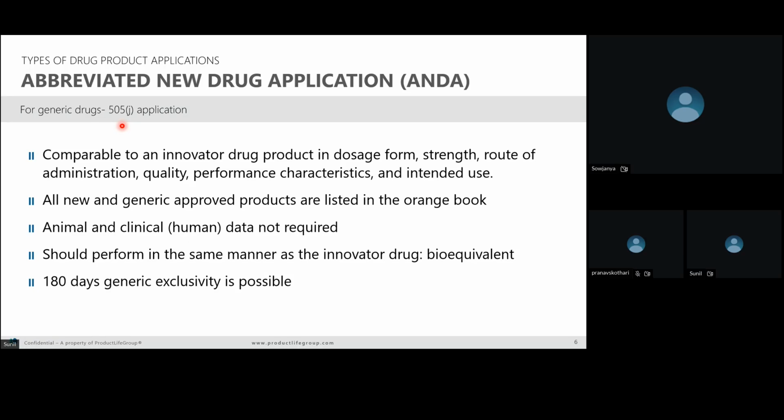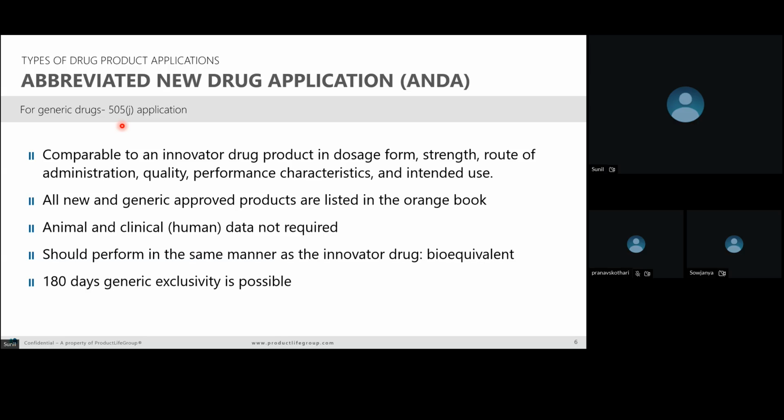Bioequivalence does not automatically mean therapeutically equivalent. For therapeutic equivalence, in addition to bioequivalence, the clinical aspects like the indications, mainly, have to be the same, and the same safety profile. Then only it is called therapeutically equivalent.